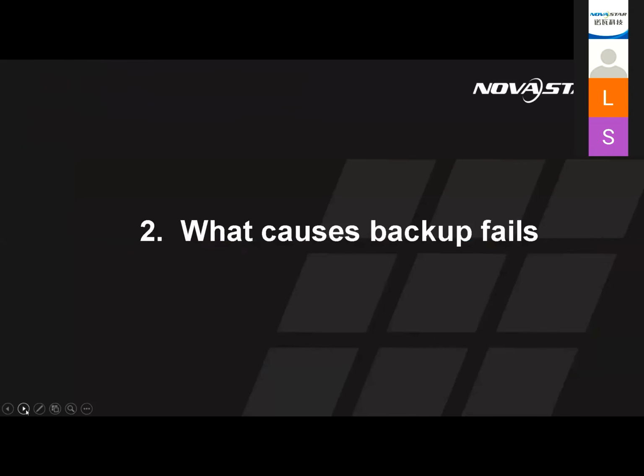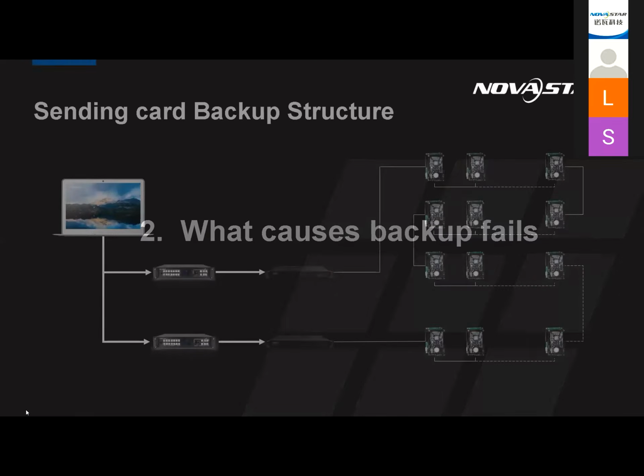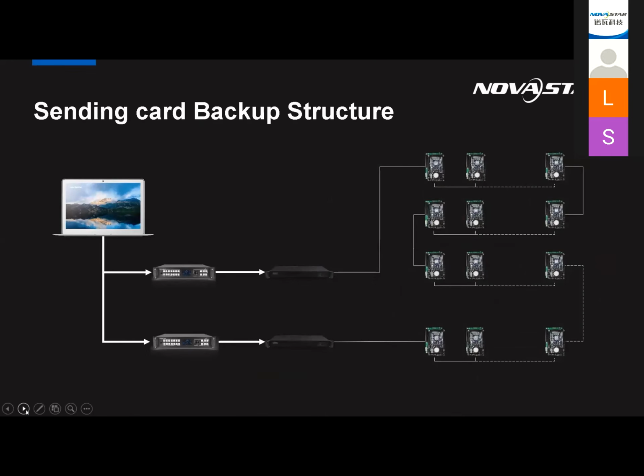Okay, let's dive into the second part. A lot of projects use backup. Sometimes backup doesn't work, so people want to know the root cause of this issue. Let's start with the sending card backup structure first.